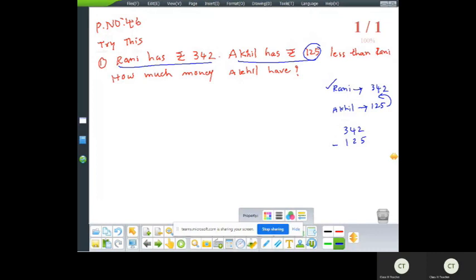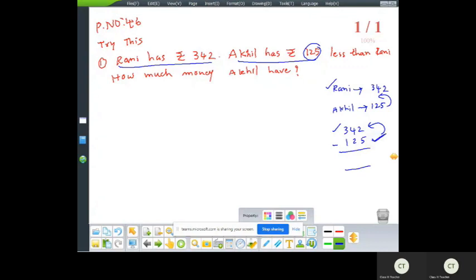We don't know the amount with Akhil, so we subtract 125 from 342 and get Akhil's amount.